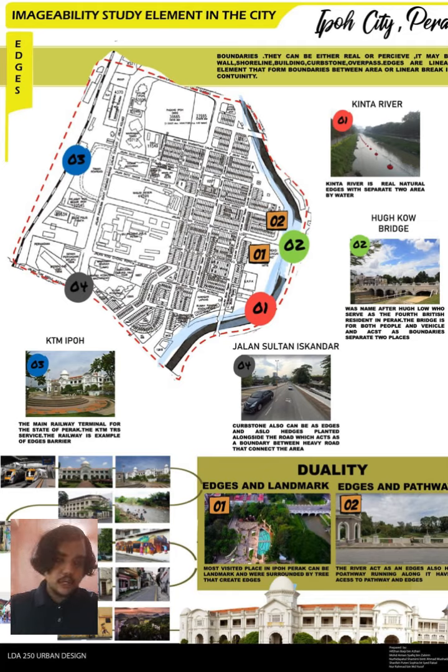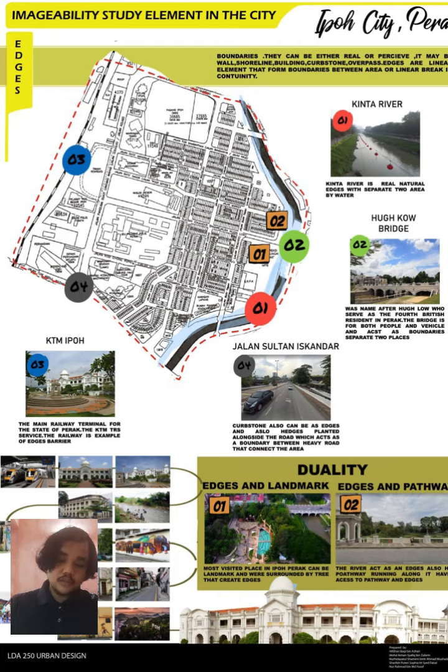Also, I found there's a duality. Duality means there are two elements in one place. I found a park there, which is Ipoh Park, that can be a landmark. It can be a landmark, and also the park is surrounded by trees, so it can be an edge.